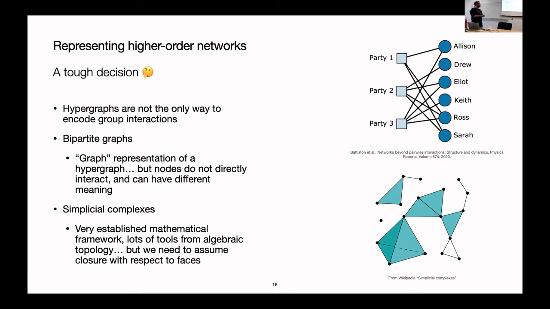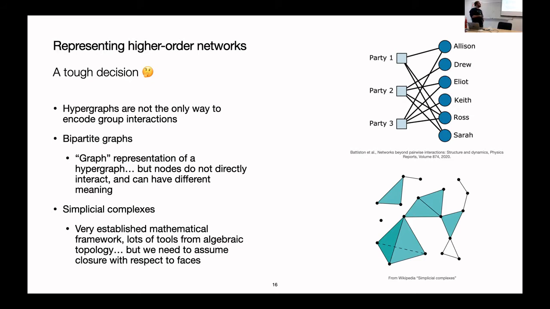But we should pay attention when we do that, because we need to assume closure with respect to faces. It means that, in the language of hypergraphs, every time we have a hyperedge, we assume that every subset of the nodes also exists. This sometimes leads to losing information, because maybe we are interested in understanding whether a lower order interaction actually happened or was just a mathematical construction.